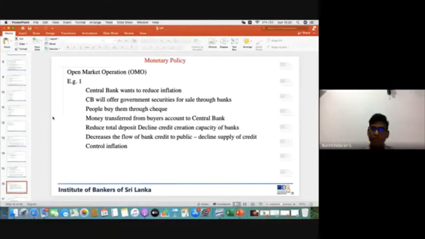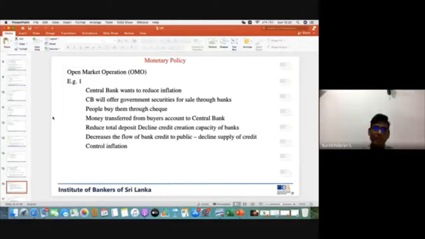Through open market operations, the central bank will offer government securities for sale through banks. The central bank calls for an auction and sells securities, and primary dealers can participate in that auction and buy securities.